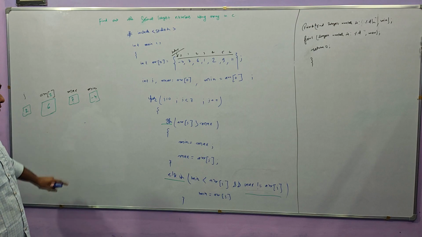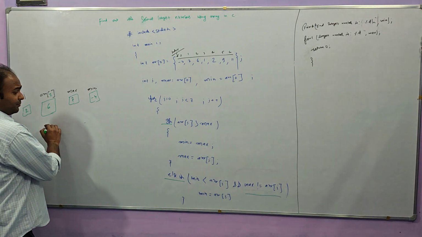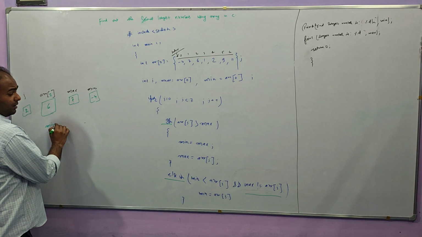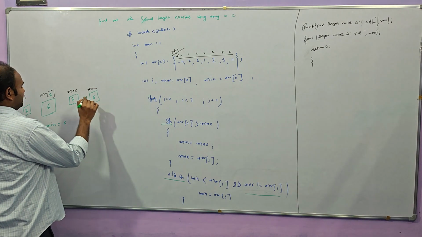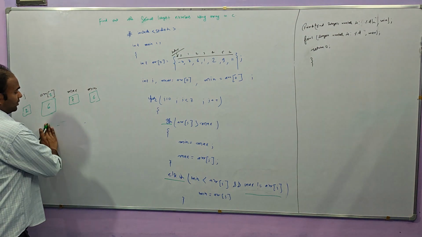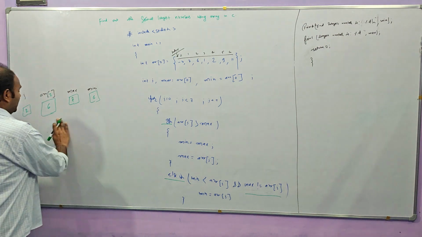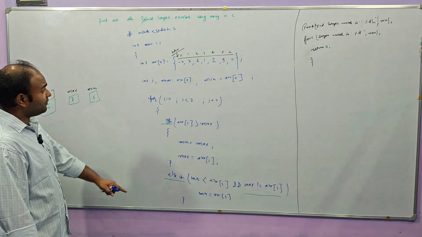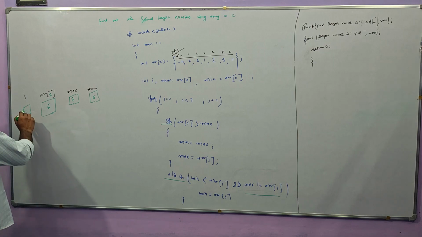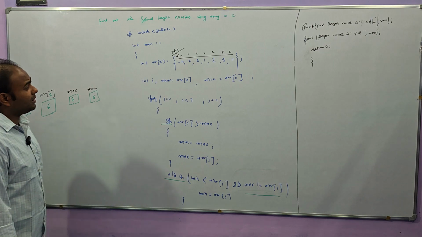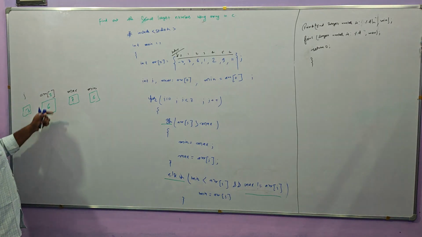It is not equal, so min becomes 6. We just check it like this. Again we increment i, i becomes 3, same condition.